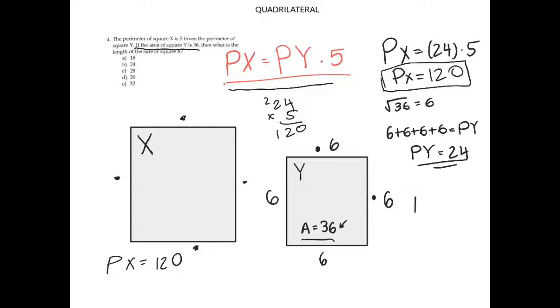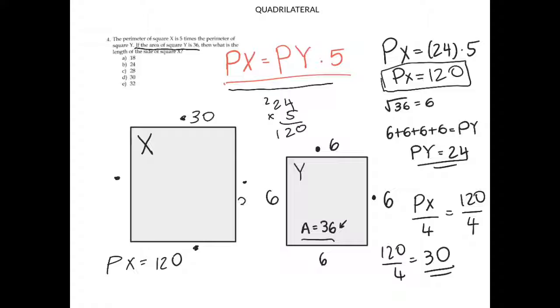So Px divided by 4 is equal to 120 divided by 4, which is equal to 30, which means that each side length is equal to 30. So you've got 30, 30, 30, and 30. And just to verify, 30 plus 30 plus 30 plus 30 is 120.